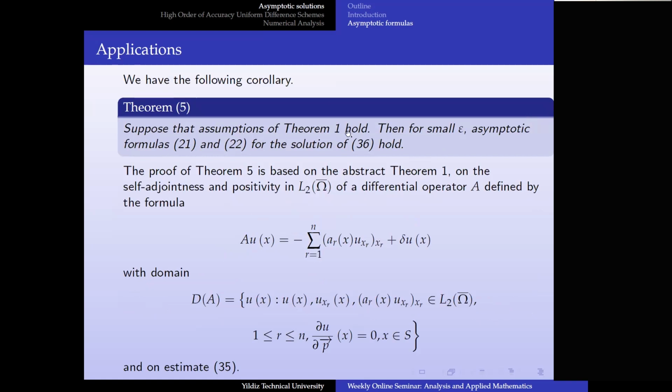Suppose that the assumption of theorem 1 holds, then the asymptotic formulas hold for this problem as well. The corollary of this theorem is also based on the abstract theorem 1 and its proof.